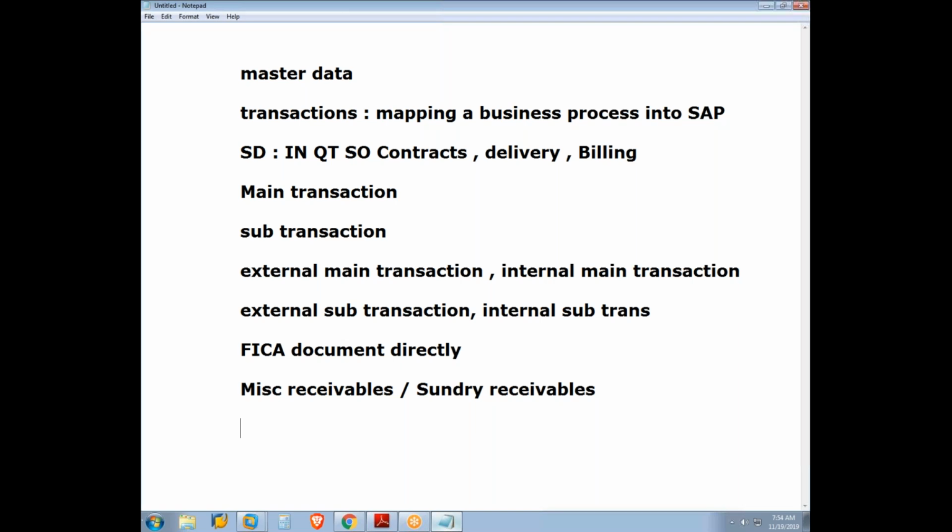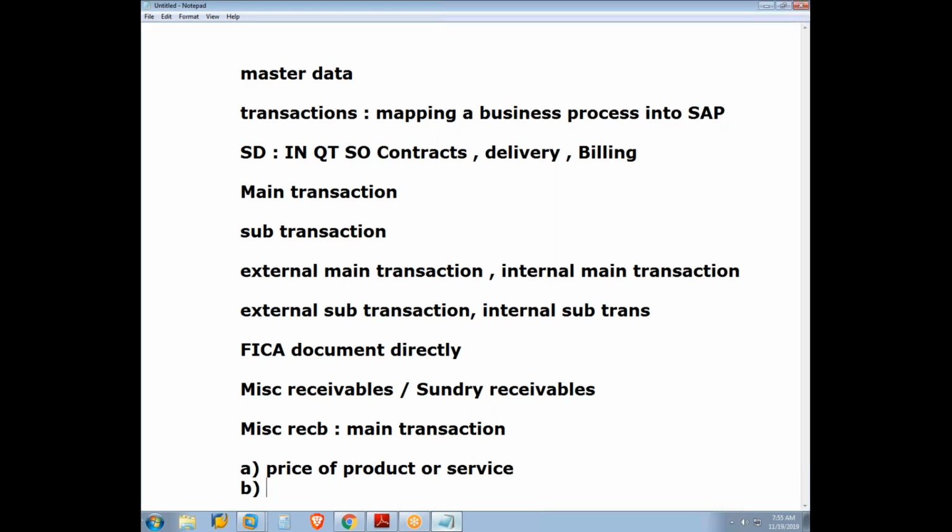So if I define miscellaneous receivable as the main transaction, under this main transaction, I can define one or several receivables. Okay, let's say under miscellaneous receivable, I will say the price of the product or the service. This is one thing I could be charging.